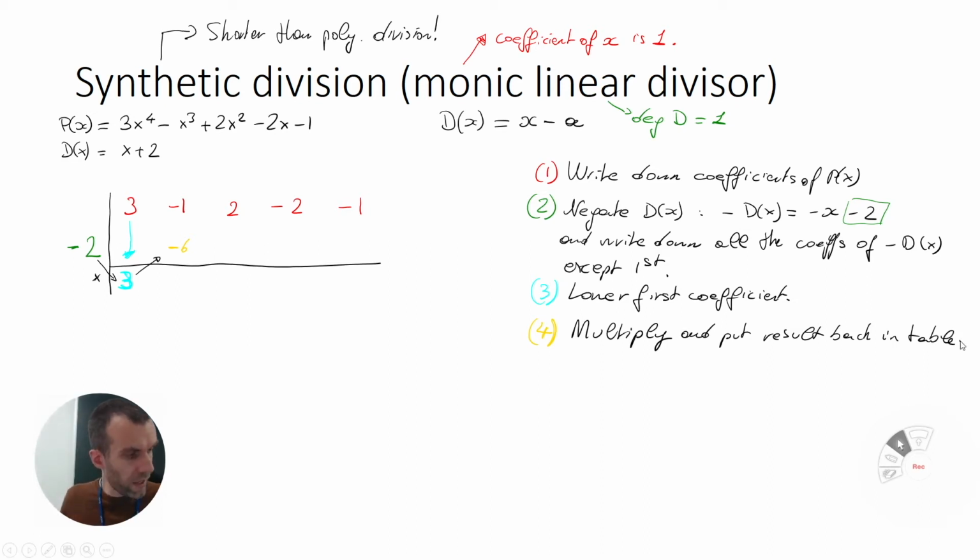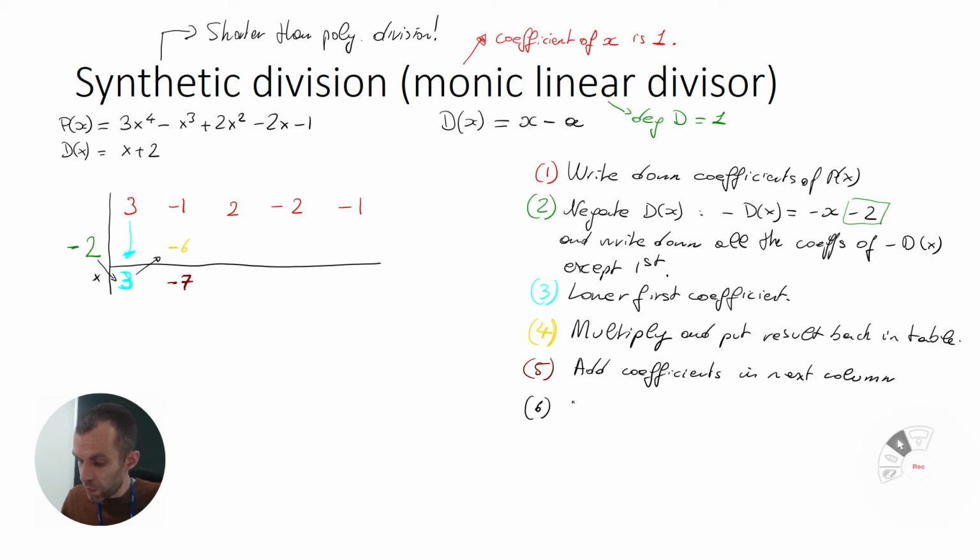Step 5, we take the two coefficients that we have in our column and add them together: the minus 1 and the minus 6 add to get minus 7. Now we repeat steps 4 and 5 until the whole table is full.